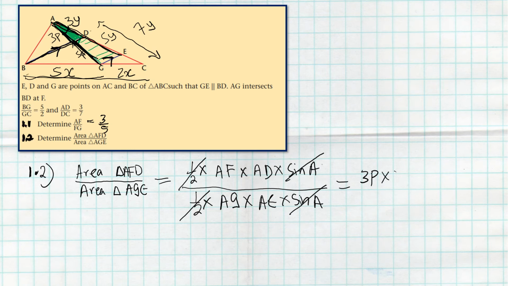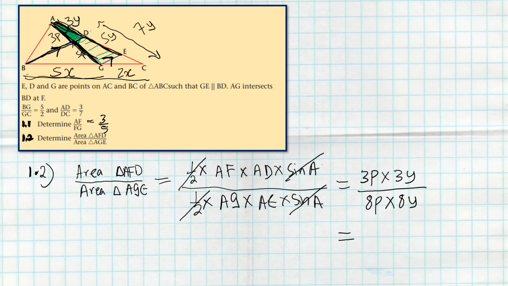So we multiply 3p by 3y over AG, which is this bigger one. It will be 3p plus 5p, which is 8p, multiplied by AE, that is the other one, which is 3y plus 5y, which is 8y, right?